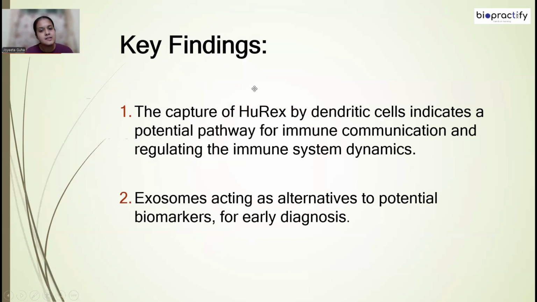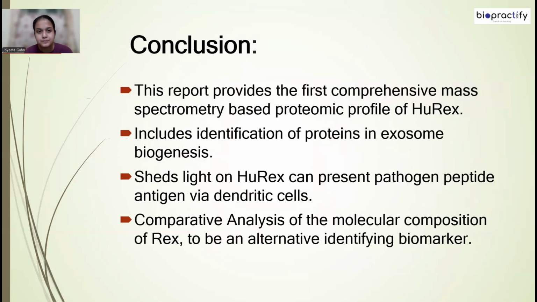So the key findings: capture of Hurex by dendritic cells indicates a potential pathway for immune communication and regulating the immune system dynamics. Exosomes act as potential biomarkers for early diagnosis, as I already mentioned.